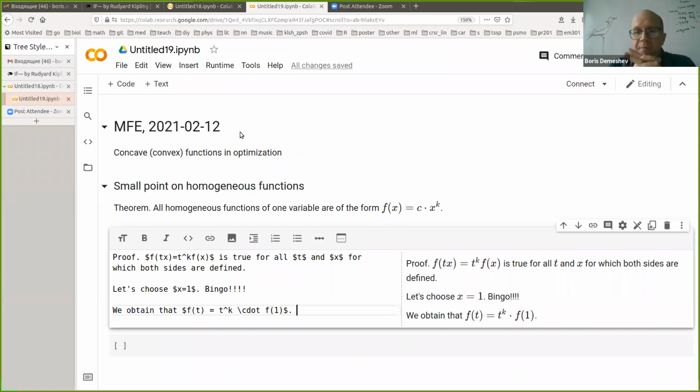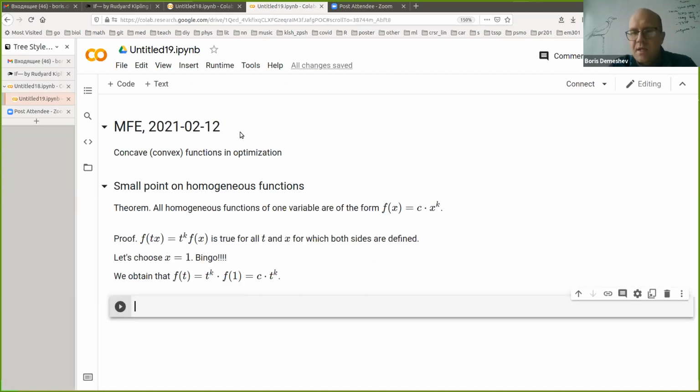But as f(1) is a constant, basically we have that it's some constant times t to the power k. And basically the proof is completed.